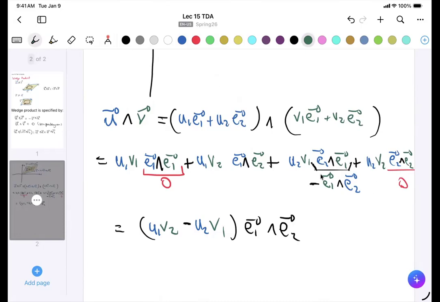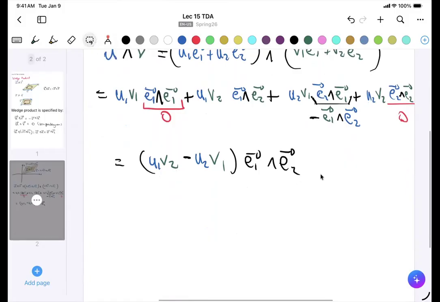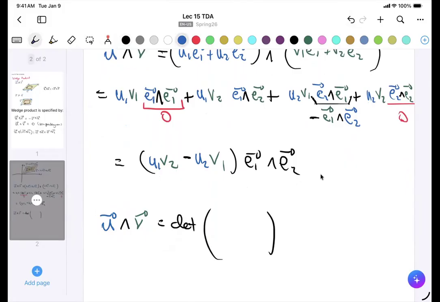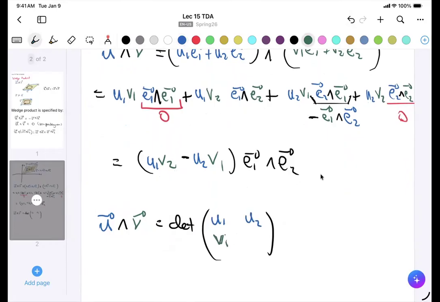That tells you that U wedge V is the determinant of U1, U2, V1, V2 times E1 wedge E2, right?